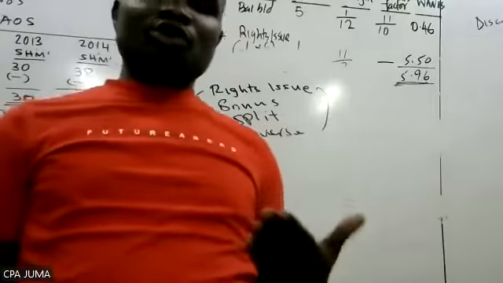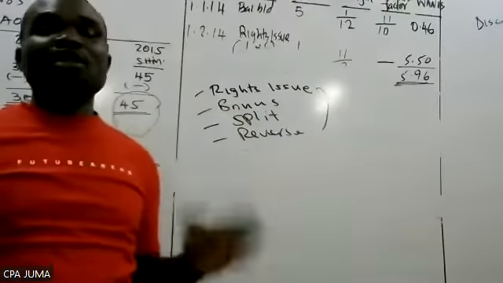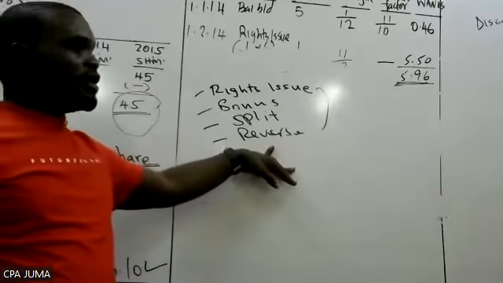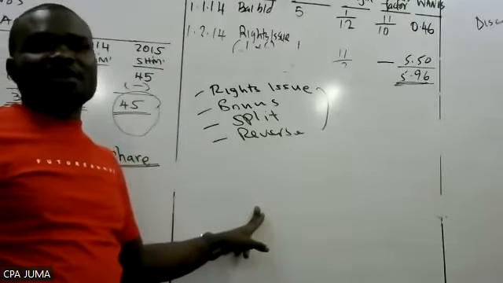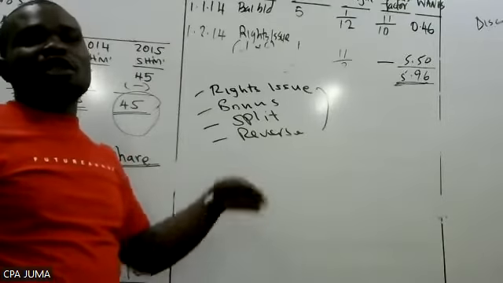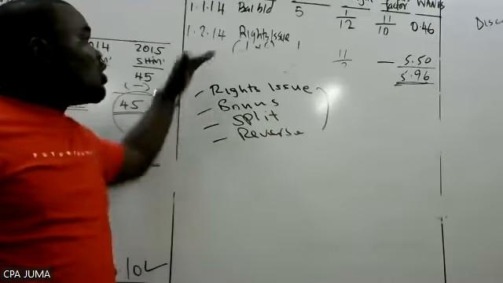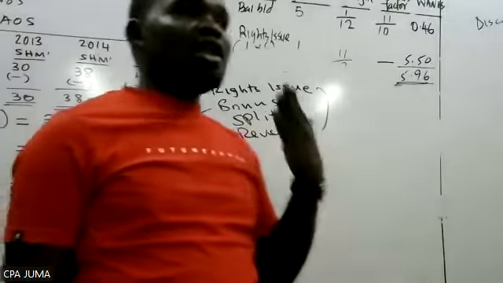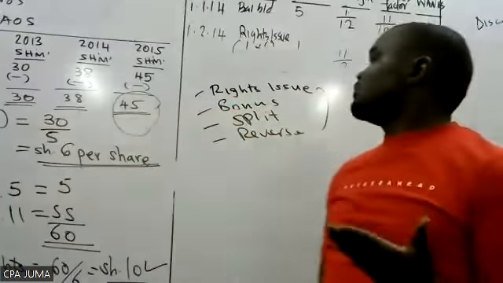You are likely to cause what we call dilution effect. The EPS is likely to be affected. Look at the reverse split. You are making shares very expensive, which scares even the investors. So all these four, when you check them in literal way, they are problems to an entity.